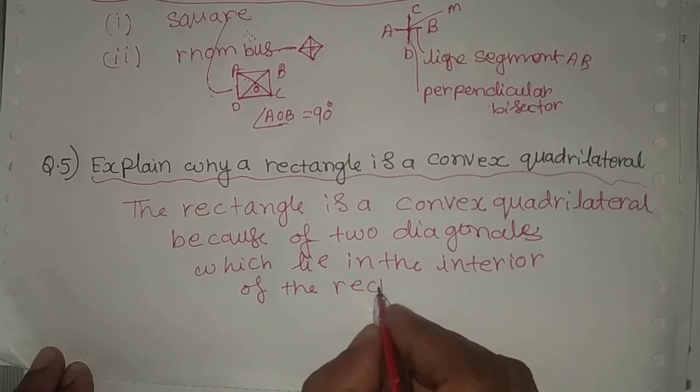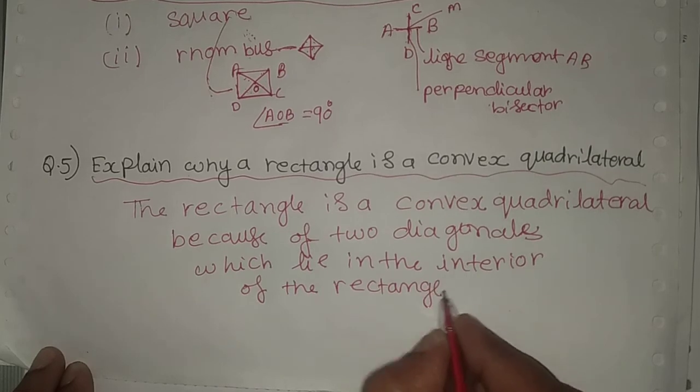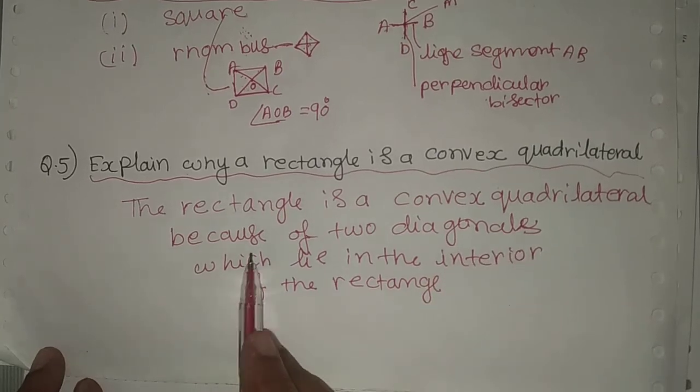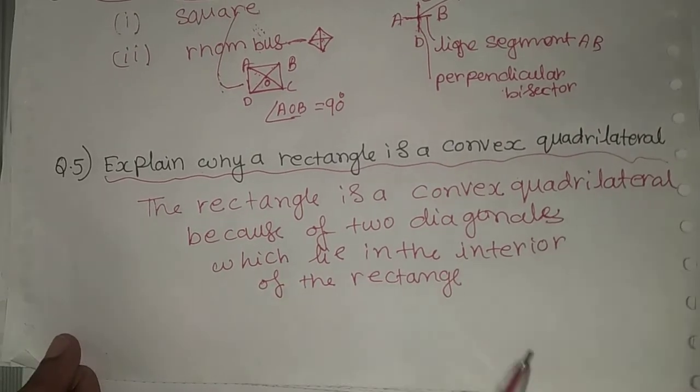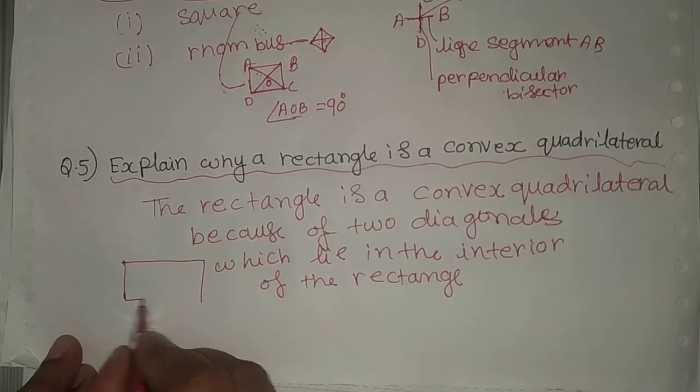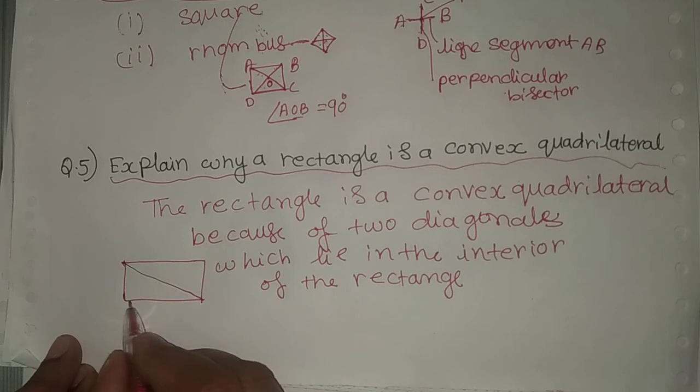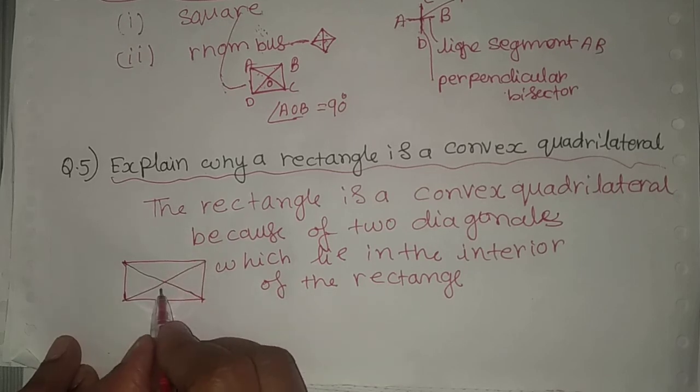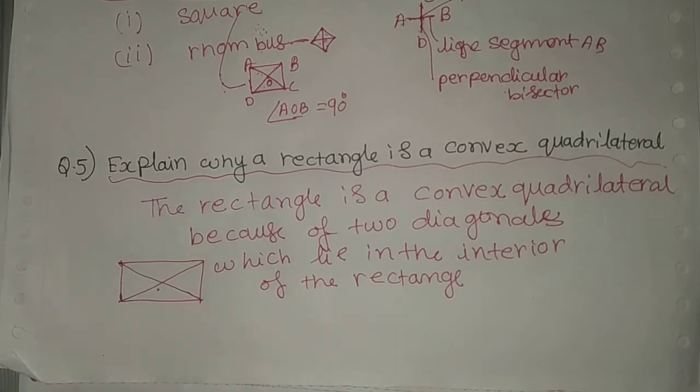This is the solution. We have to write that the rectangle is a convex quadrilateral because two diagonals lie in the interior of the rectangle. See, this is a rectangle, means two diagonals lie inside. So this is called a convex quadrilateral.